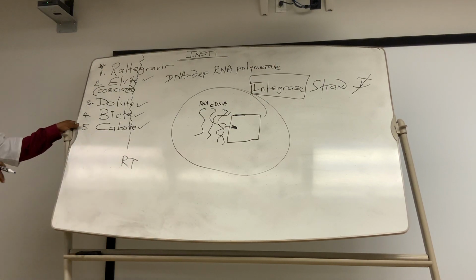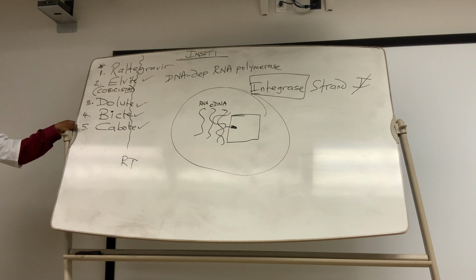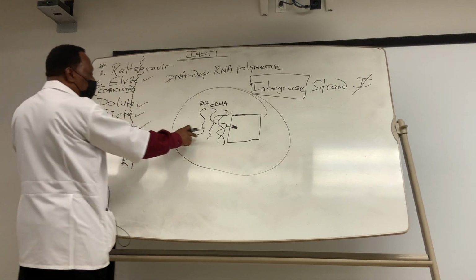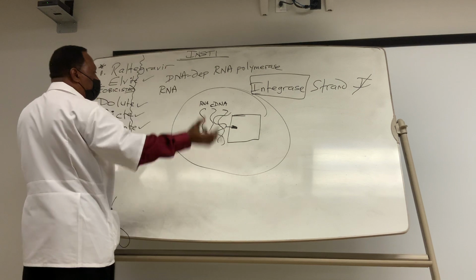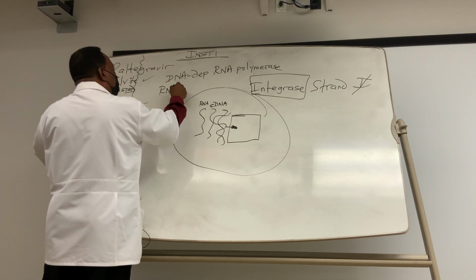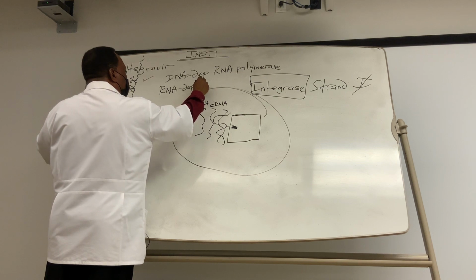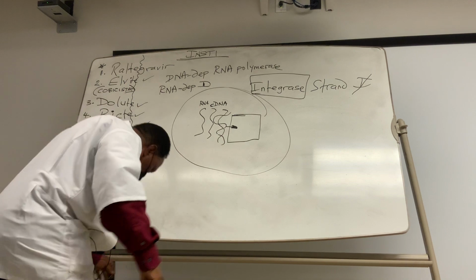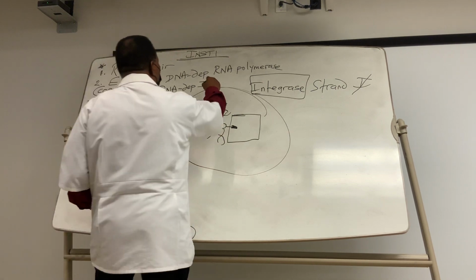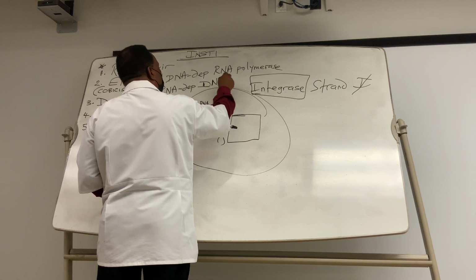So during transcription, normally this is what happens. This is the enzyme we use, DNA-dependent RNA polymerase. For the HIV, what you use for the transcription is RNA-dependent DNA polymerase.